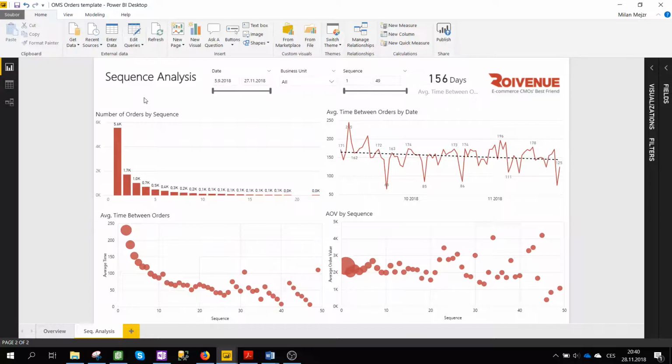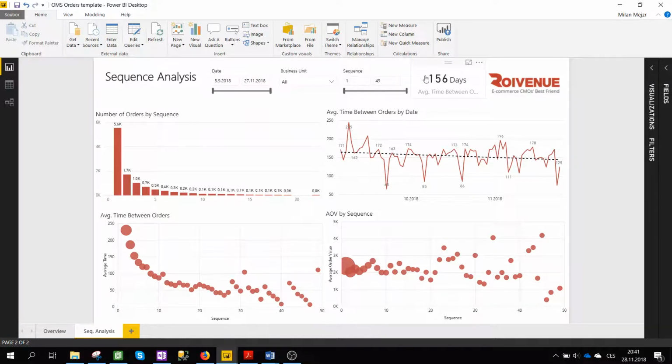So let's start with what we have here. We have 3 different slicers, again: date, business unit, and sequence. So we have sequence from 1 to 49, which basically tells us that there is some user who has a 49th order.